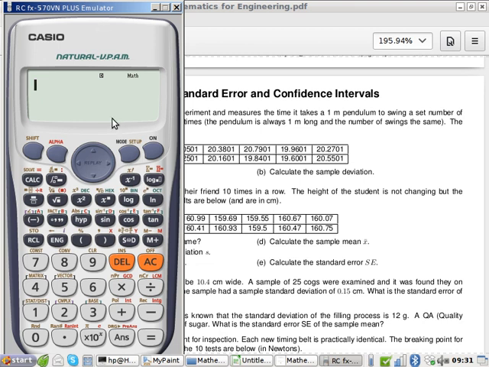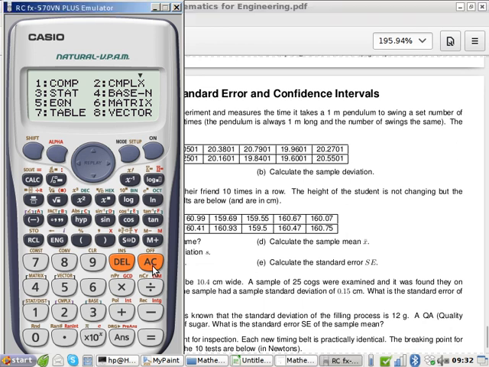I think, if I remember, if we press mode here, we have a stat option. You see that there? On mine, it's number 3. I think so. Or maybe not.